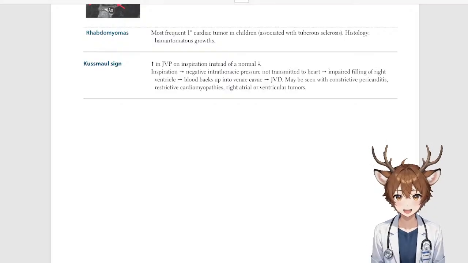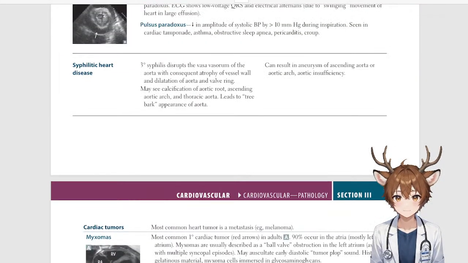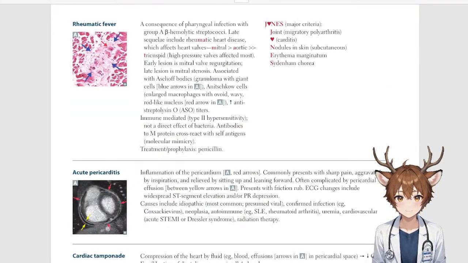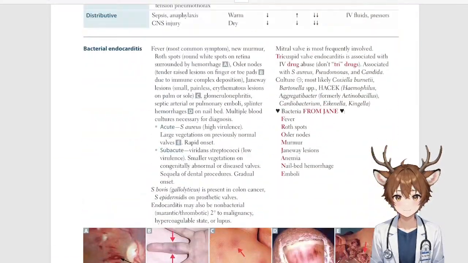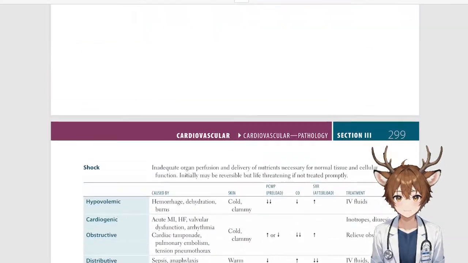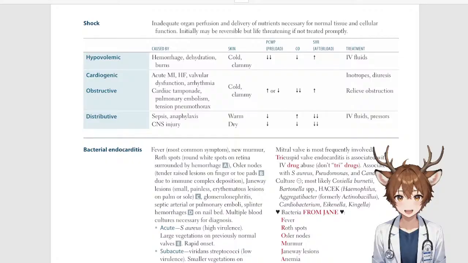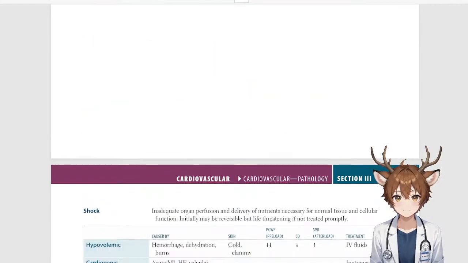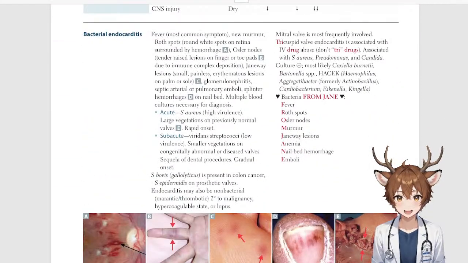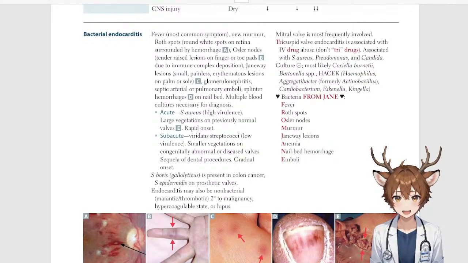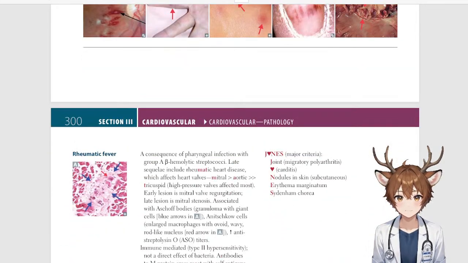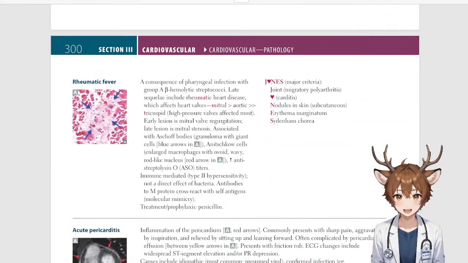Now we're talking about myocarditis. Is that in here? Oh, we have bacterial endocarditis up here. Okay. So that's all that stuff with rheumatic fevers up here as well.